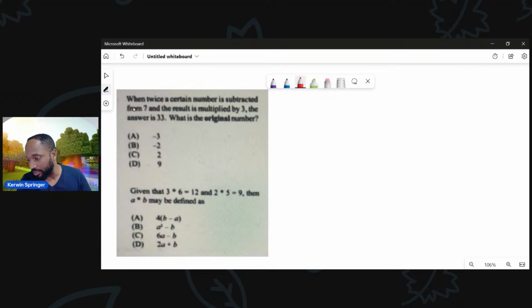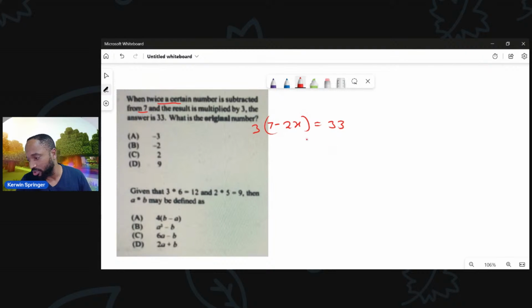We're doing multiple choice questions. Someone sent this in: twice a certain number is subtracted from 7, and the result is multiplied by 3. The answer is 33. Now I need to find the original number.